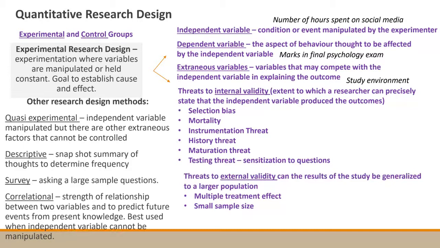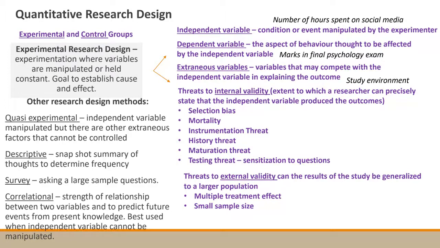The independent variable is a condition or event manipulated by the experimenter. So if we look at social media, and the amount of time on social media impacts your marks in your final psychology exam, the experimenter can manipulate the number of hours. He could take someone's devices away and say, well, you spend 2 hours, you spend 3 hours.